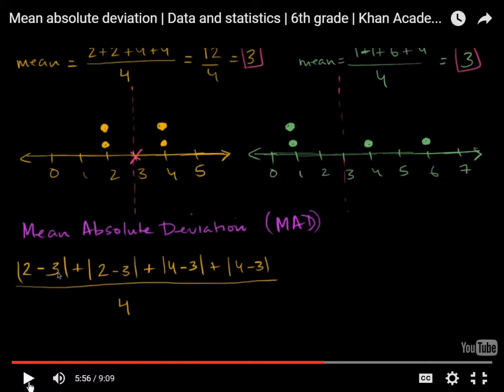So that's in the data, 1. 4 minus 3 is 1, so the absolute value is 1. And 4 minus 3 is 1, so the absolute value is 1. So the 4 new pieces of data are 1, 1, 1, and 1. And he's finding the mean. In other words, he's averaging those 4 new pieces of data together to find the mean absolute deviation. Okay? That's what we're doing.